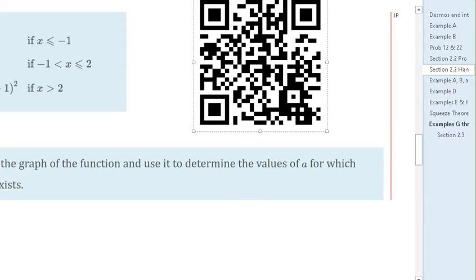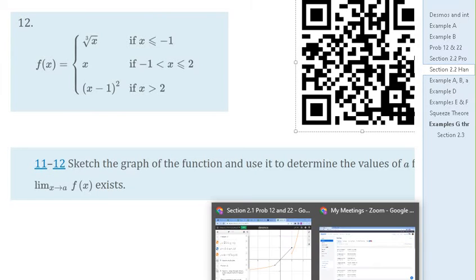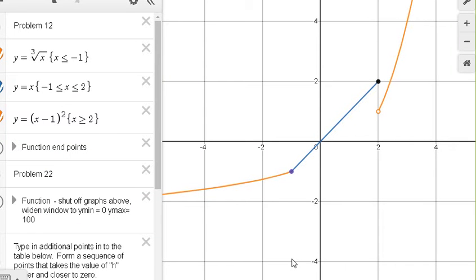Now for a limit, is there some value of x where the limit from the left and the limit from the right might be different?